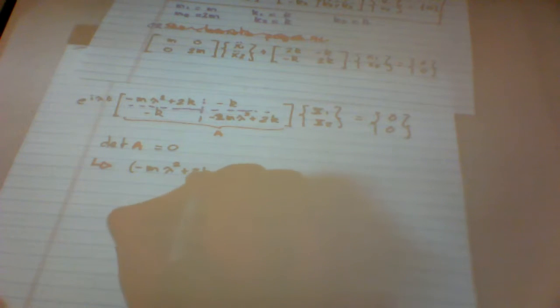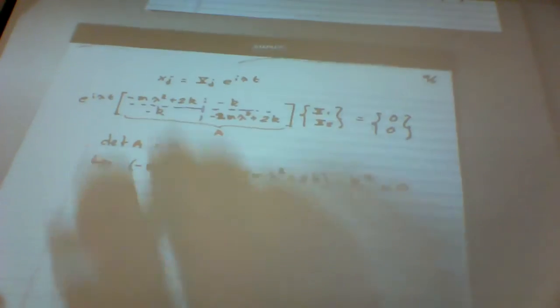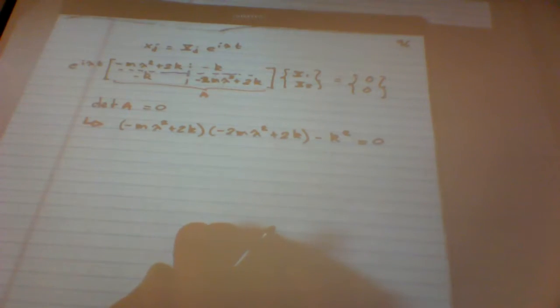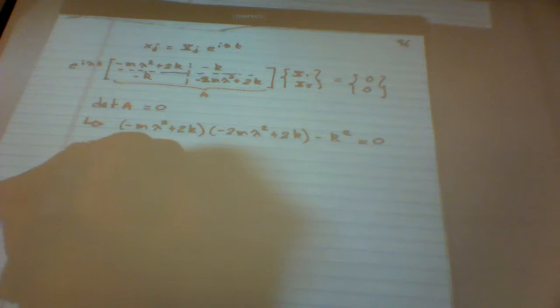That we have minus m lambda squared plus 2k, times minus 2m lambda squared plus 2k, minus k squared, equal to 0. So we need to do the algebra here.